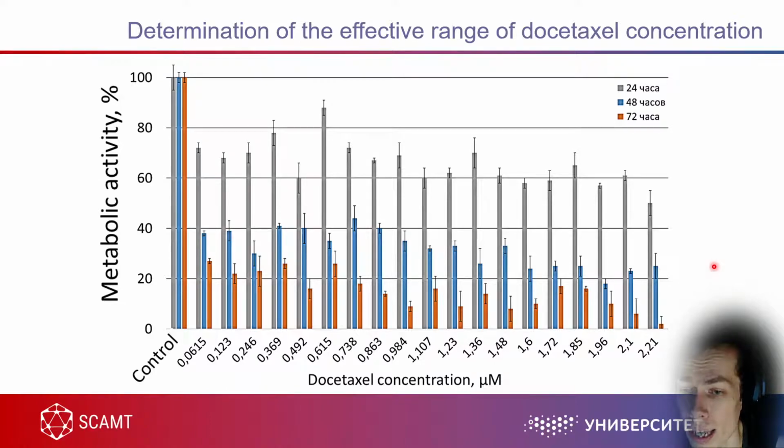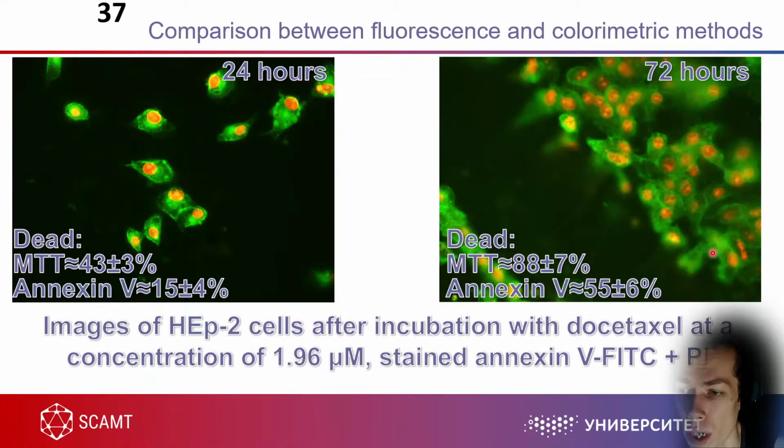But the question is, when we are talking about nanoparticles, what was the case of this drug? We needed to enhance the anti-cancer properties of this drug by using targeted delivery principles. And since we need to enhance this drug, we need to understand which concentration we need to enhance.